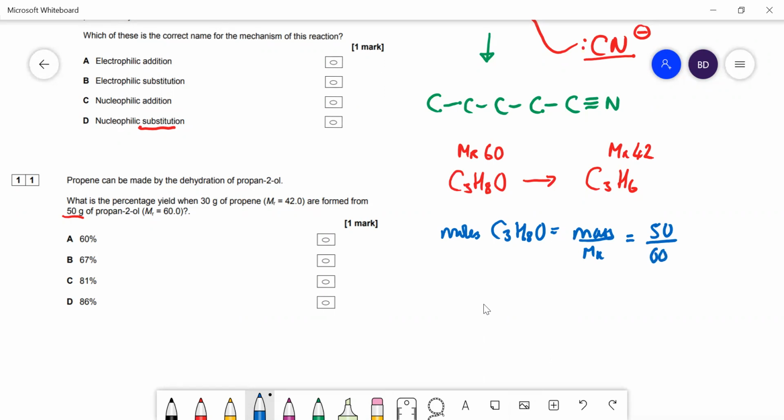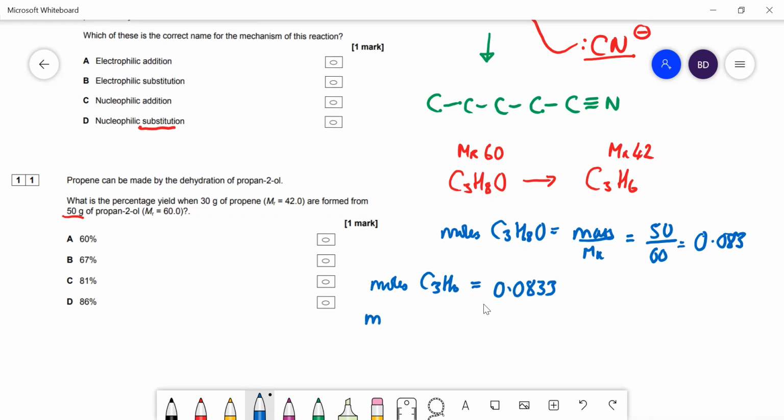That's 0.83 recurring. Okay. So that means the moles of C3H6 we're going to get should be the same. It's a 1-to-1 ratio, 0.083.